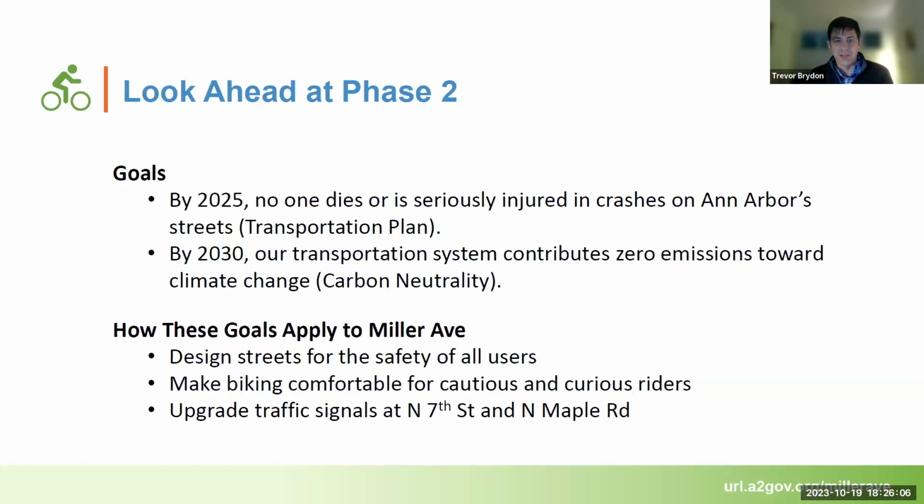Oftentimes the DDA and others will call those the bikeway. The bikeway is a compilation of cycle tracks that work as a network. A cycle track is where the bicycles go two ways on one side of the roadway rather than having the conventional side-running bike lanes.